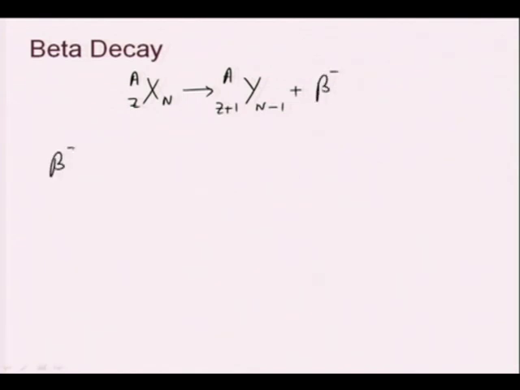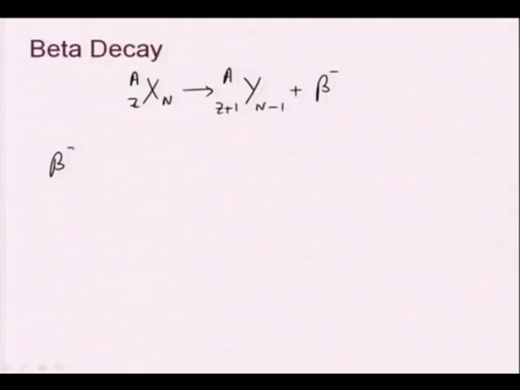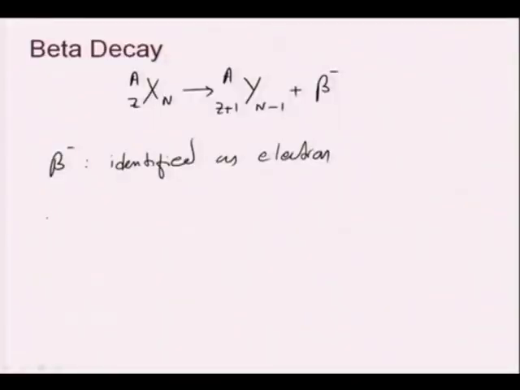These beta particles have 1 unit of negative electric charge in the unit of electron charge, and it is actually identified as electron. Experimentally, it is determined that they are nothing but electrons, and this electron is not emitted from the atomic electrons, but it is basically coming from the disintegration of the nucleus.